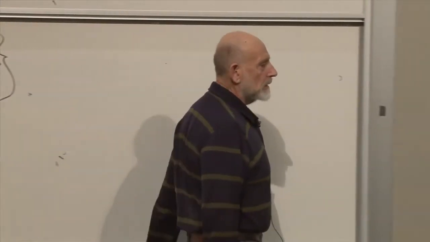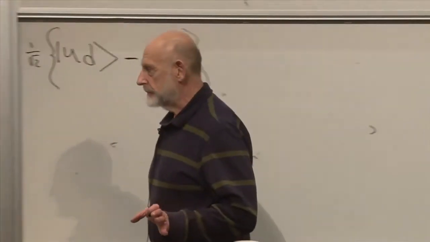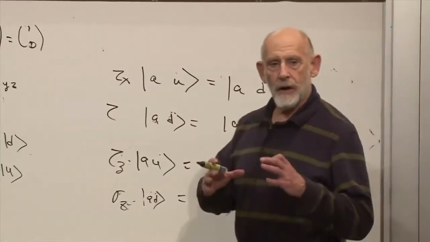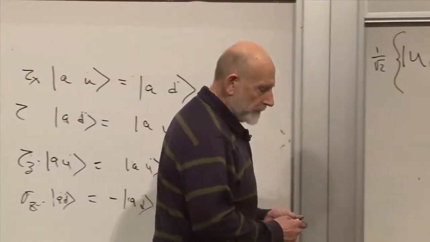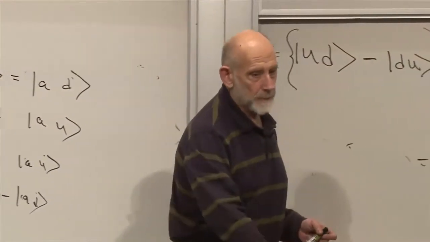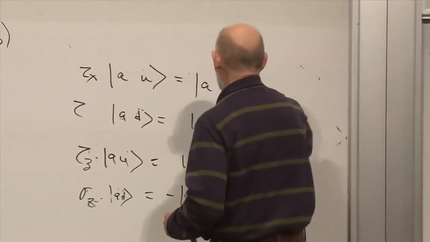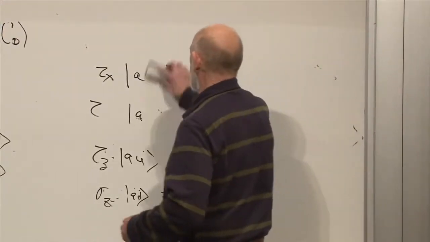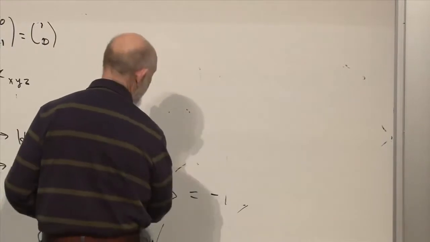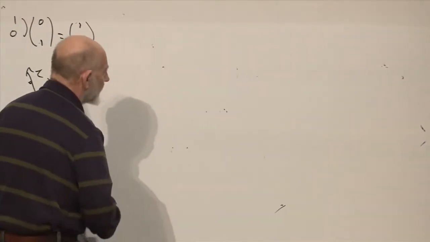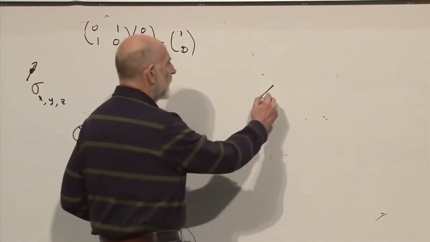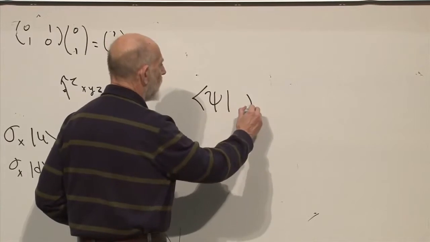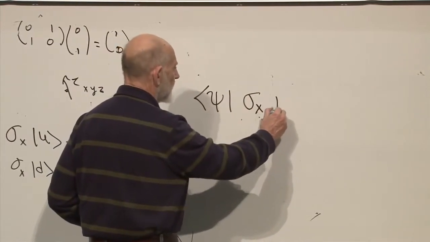So let's consider the expectation value in a state of the components of sigma. Let's go back to the one subsystem, to the one system quantum mechanics, one spin. And let's ask, what do we know about that? In particular, I'm interested in expectation values in any state, take a state, and take the expectation value of all three components.